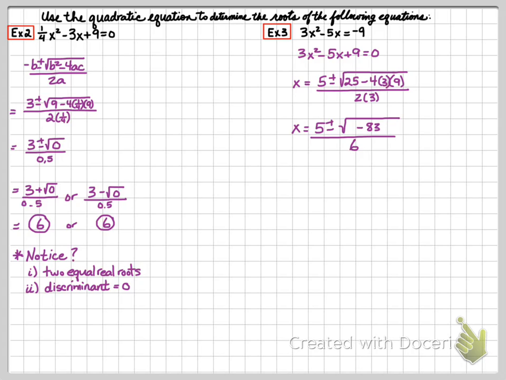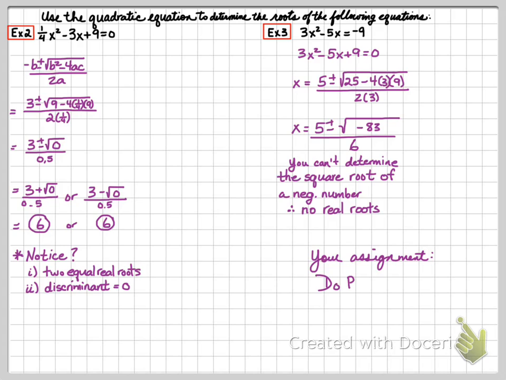This is as far as we can go because we have the square root of negative 83. We can't find the square root of negative 83 because it doesn't exist. All we can say is that there are two non-real roots. Since you can't determine the square root of a negative number, there are no real roots.